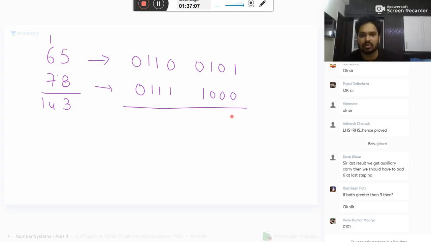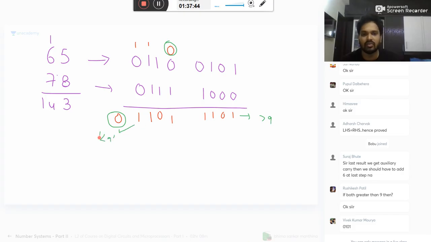Now add. 1, 0, 1, 1. Here you get 0. Again 1. This is 0, 1. 1 plus 1 plus 1 is 3. 3 is 1, 1. So you get a sum here, carrying it, and 1. Now this is your auxiliary carry. This is your carry. As you asked earlier, this number is greater than 9 and this number is also greater than 9.